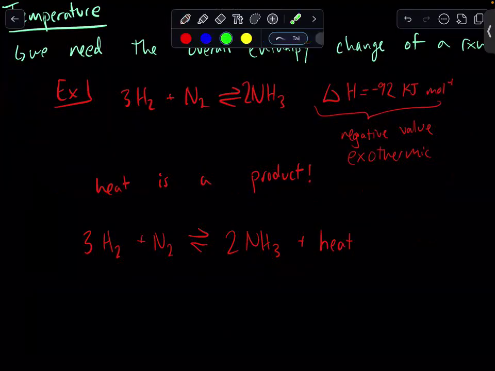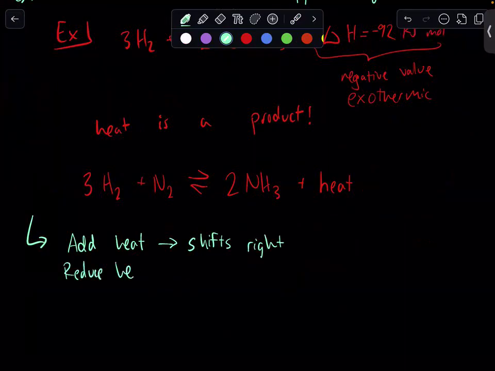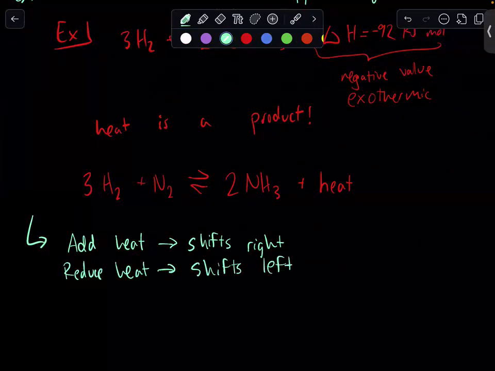And now that it is one of its own products, we can apply the same rules we did with concentration. So this becomes pretty self-explanatory because we can just apply the same principles that we learned for concentration. And we can say add heat shifts right, reduce heat shifts left.